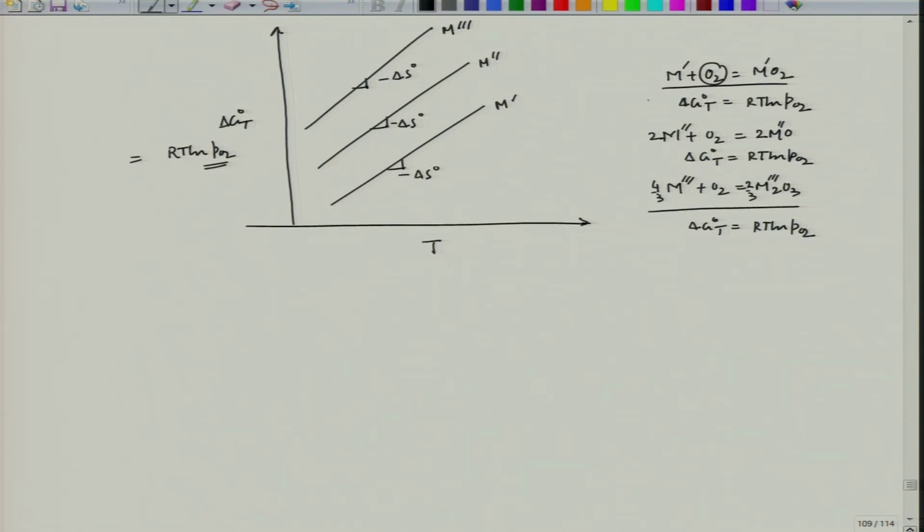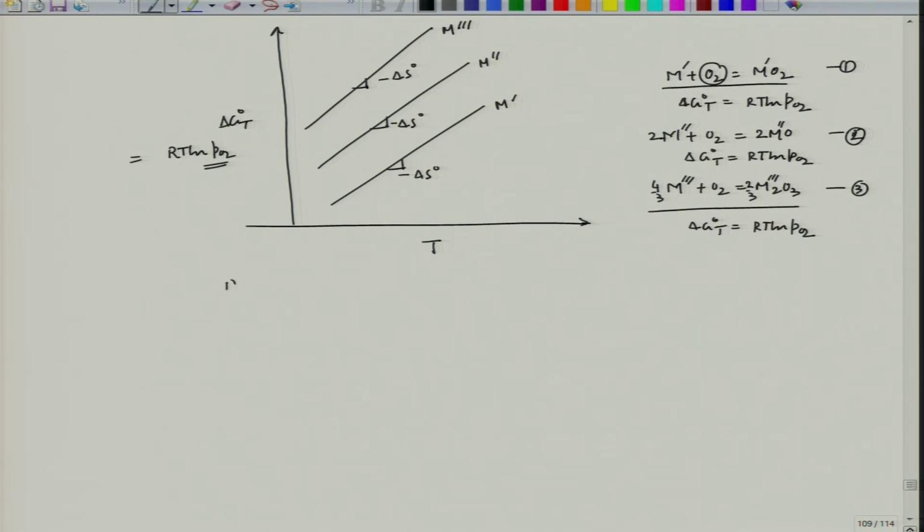Now, if I try to calculate their corresponding del S 0, let us say this is equation 1, this is equation 2, this is equation 3 reaction.